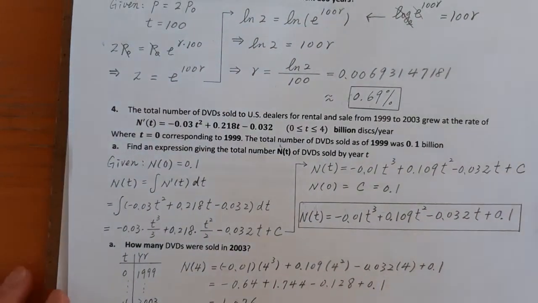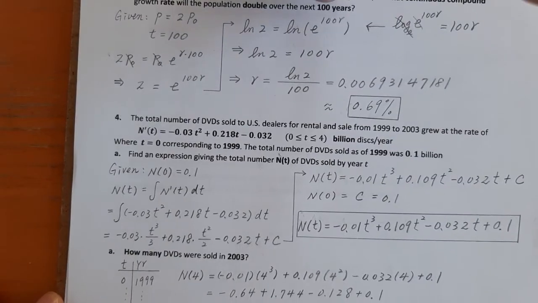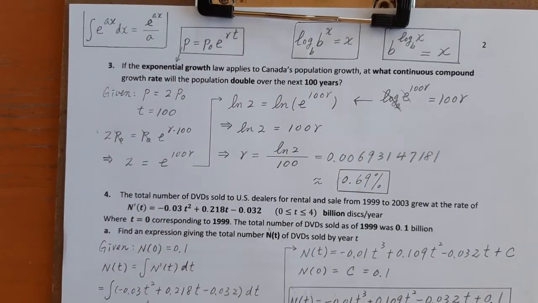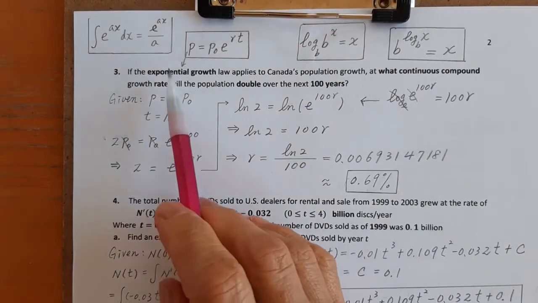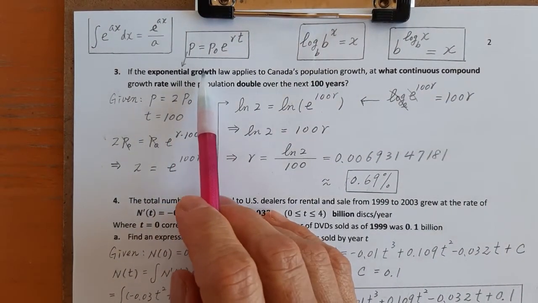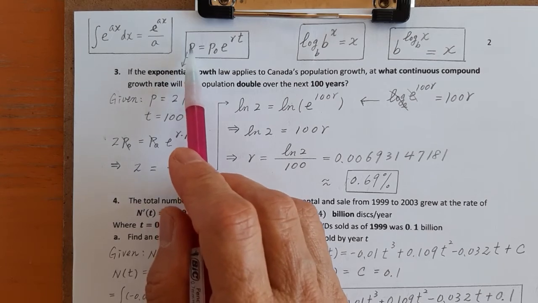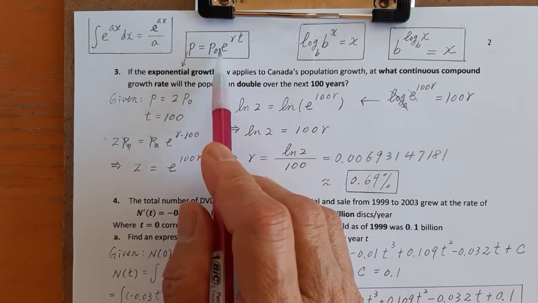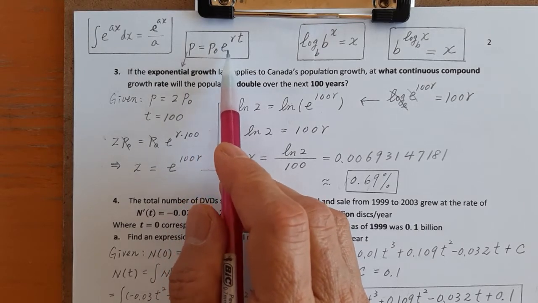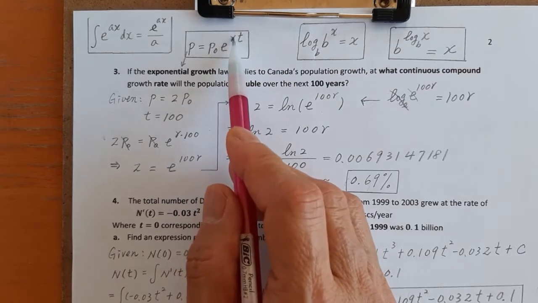Then question 3. The exponential growth formula we learned before is amount P equals P0, the principal, times e to the power RT.